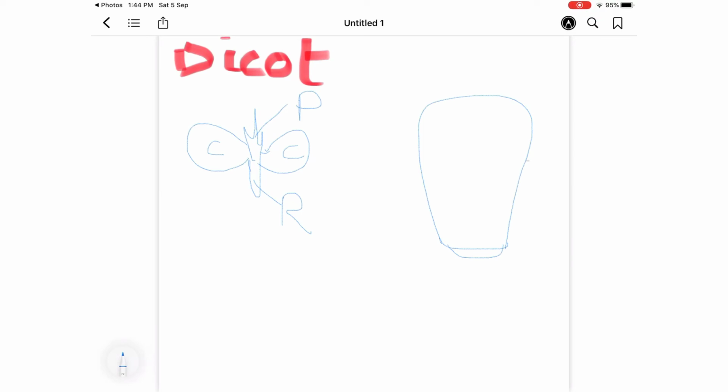There the embryo will be present. Here in cross section it looks like this. The outermost part is the fusion of seed coat and pericarp. Here a special term is used which is known as hull. So this is showing hull.